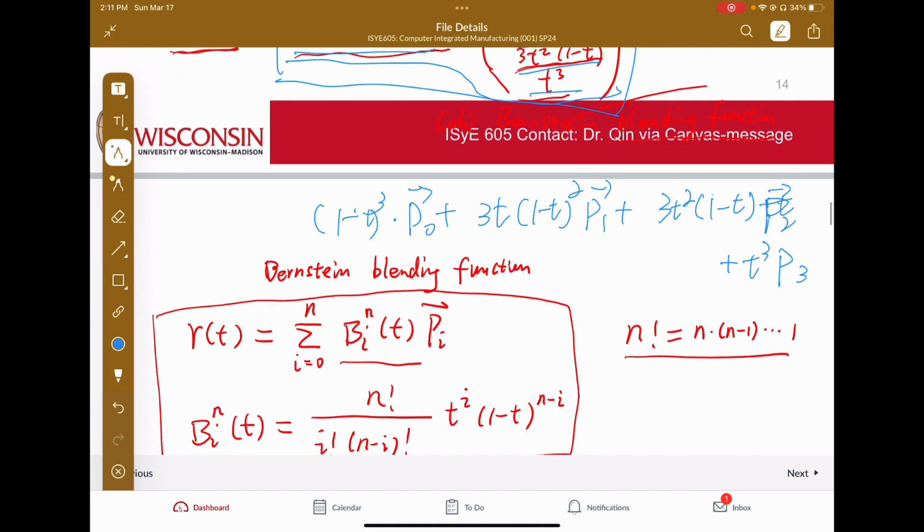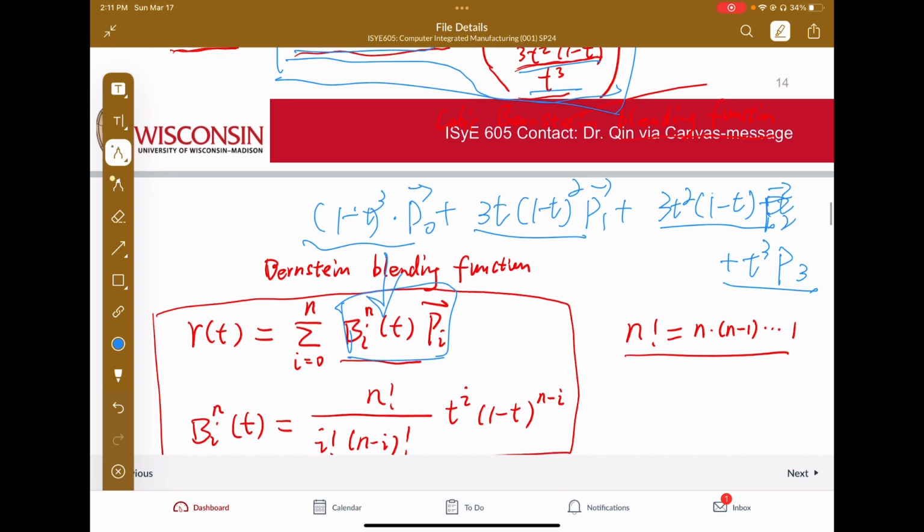So we have this, and you will find for each component we can use another way to describe it. From i equal to 0 to 3, we have the sum, i equal to 0 to 3, b i 3 of t, p i. Right? We can have this.